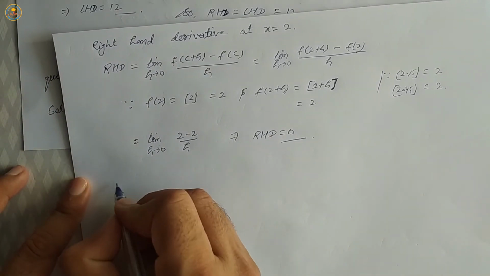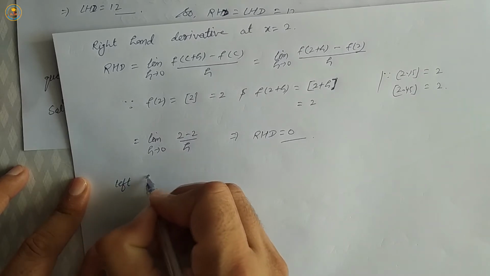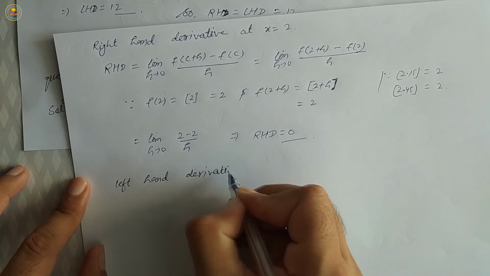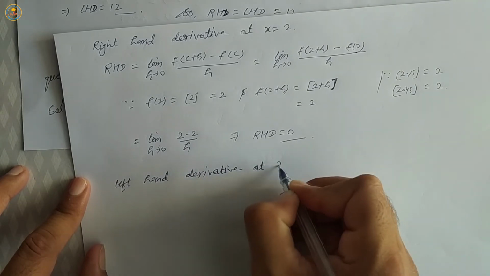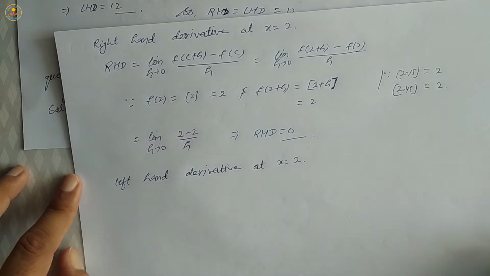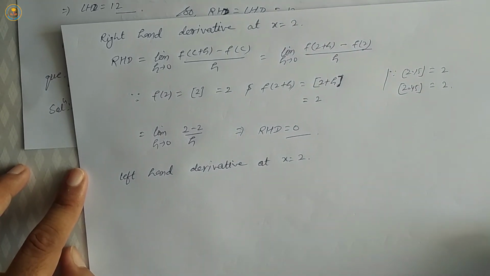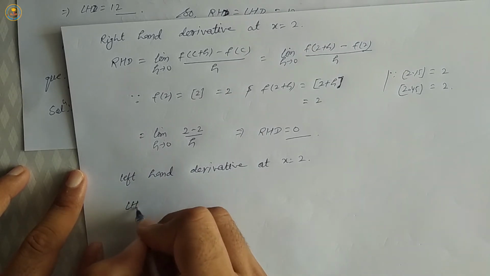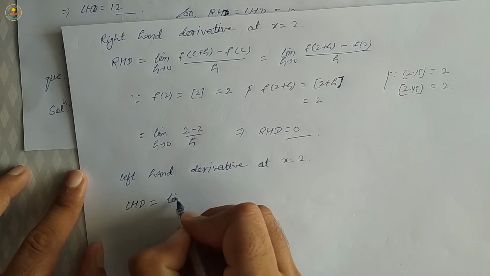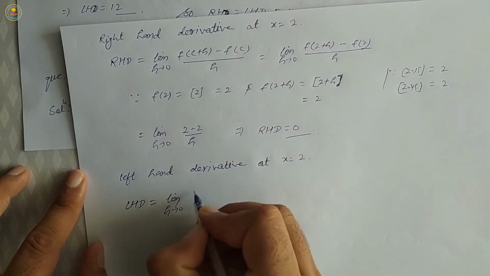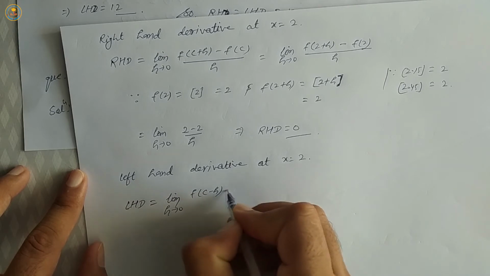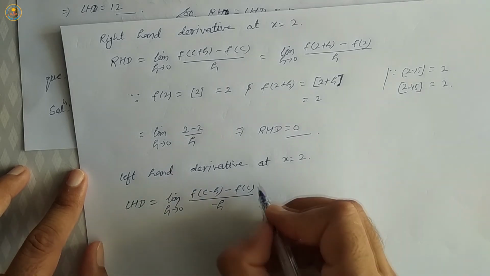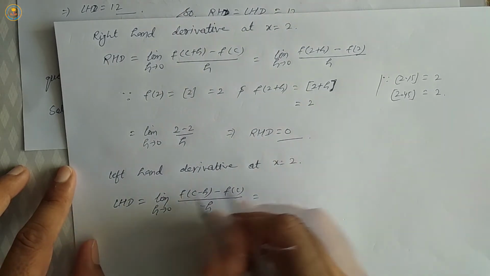And the left hand derivative at x is equal to 2. LHD is equal to limit h tends to 0 of f(c - h) minus f(c) by minus h, where c is equal to 2.